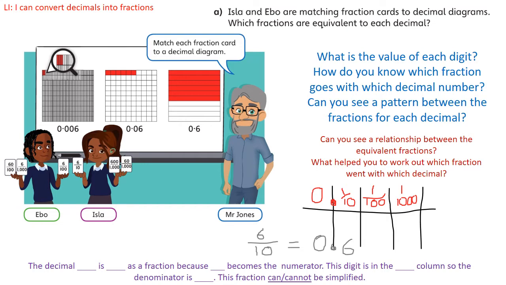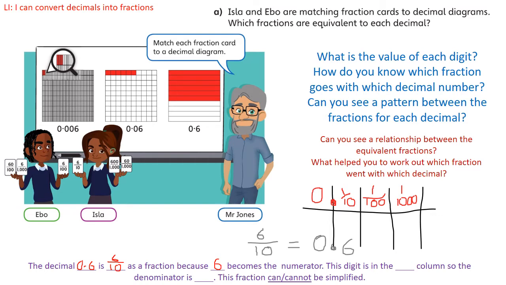So we can say, if we look at our stem sentence, that the decimal 0.6 is 6 tenths as a fraction because 6 becomes the numerator.